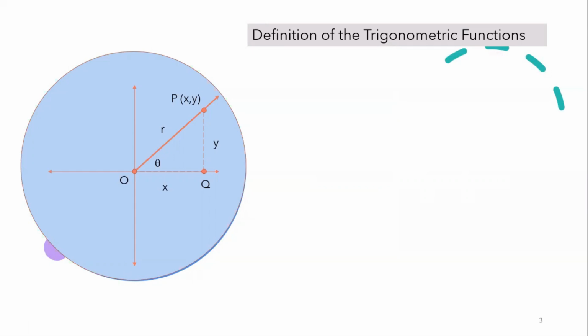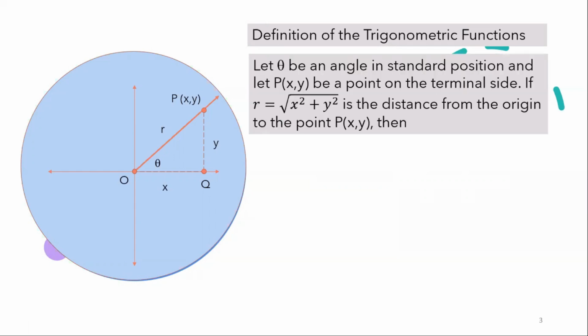So let's have the definition of the trigonometric functions. Let theta be an angle in standard position, and let P(x, y) be a point on the terminal side. If r is equal to the square root of x squared plus y squared, defined as the distance from the origin to point P, then we have the six trigonometric functions.